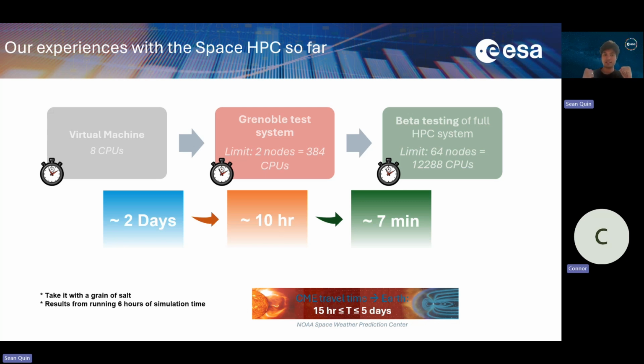We managed to reduce that to 10 hours whilst we were on our sample system, and on our system, we managed to reduce the compute time to 7 minutes. So from 2 days to 7 minutes, the virtual machine being a somewhat more realistic representation of what your day-to-day computer would look like. So the user managed to get some significant output from this.